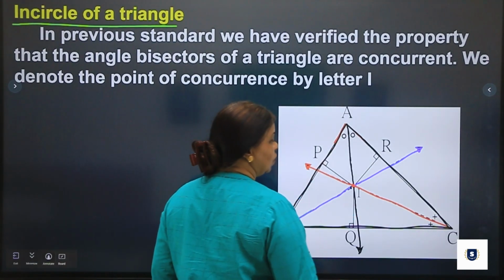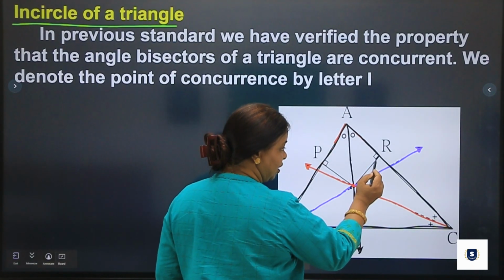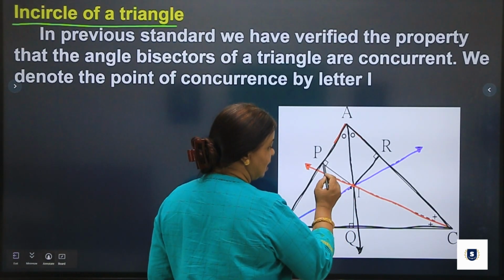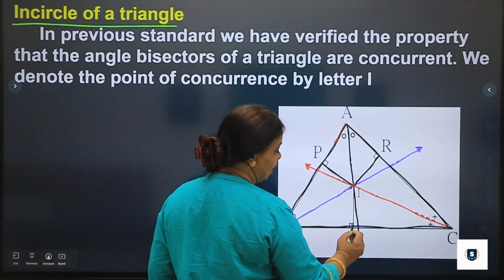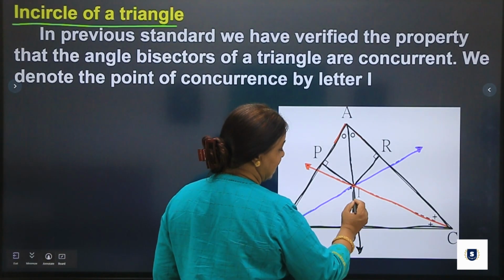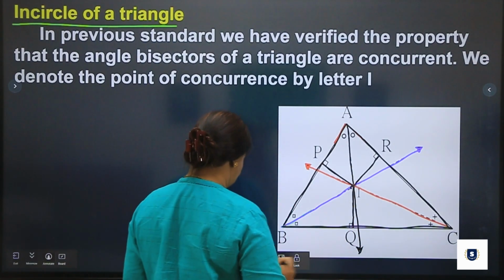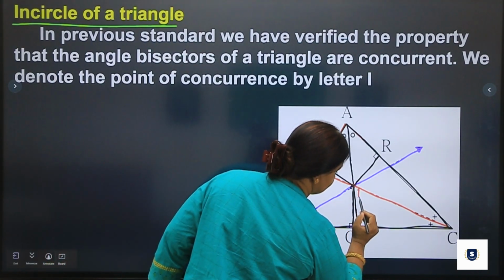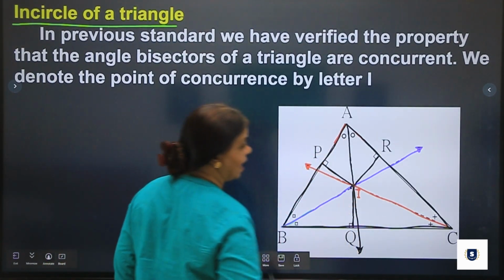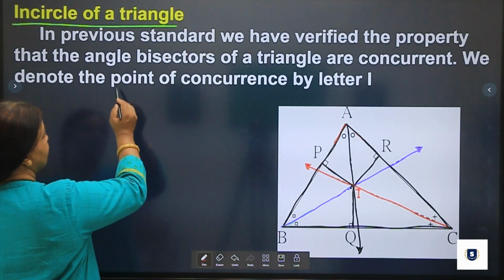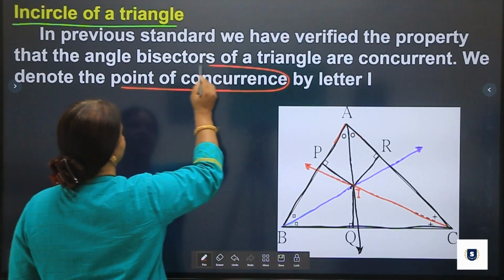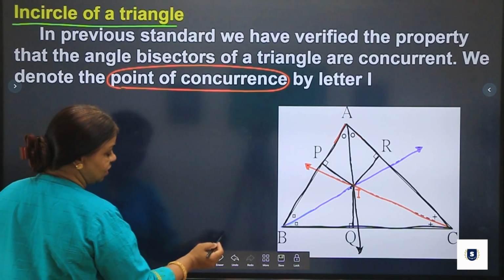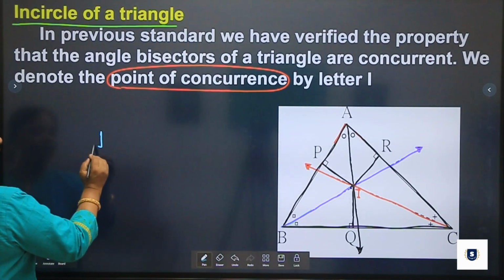Clear? That point of concurrence is denoted by I.